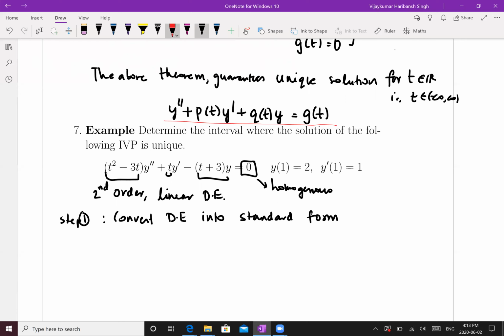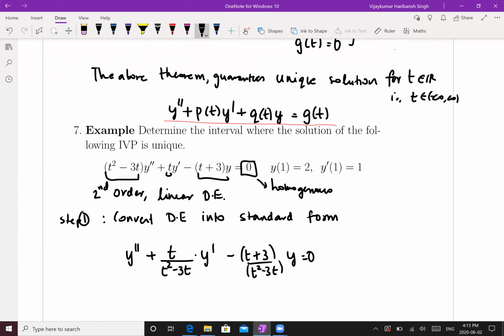So let's divide throughout by t squared minus 3t. So we get y double prime plus t upon t squared minus 3t times y prime, minus (t plus 3) divided by t squared minus 3t times y, equals 0.